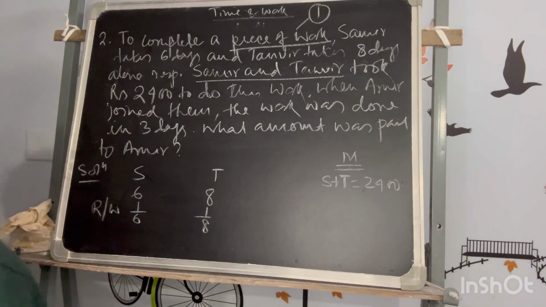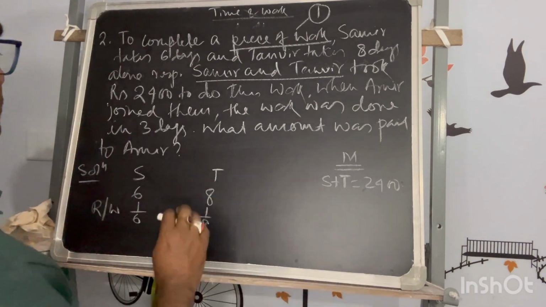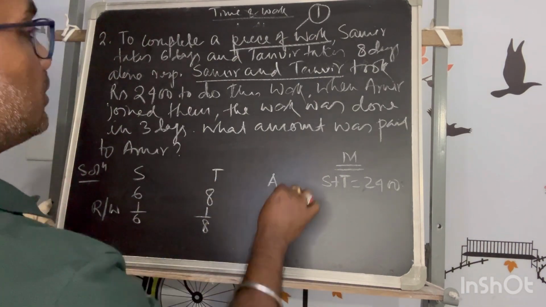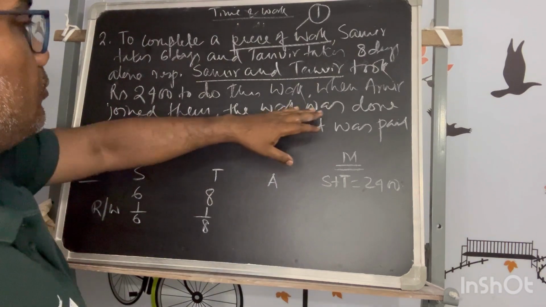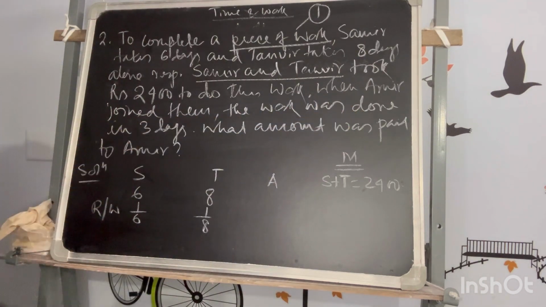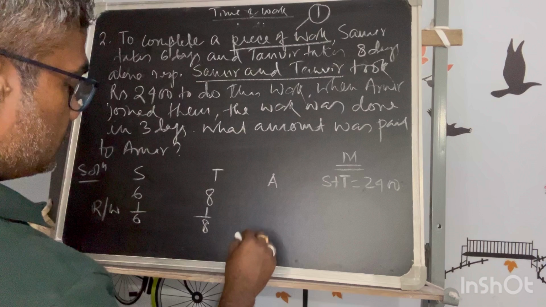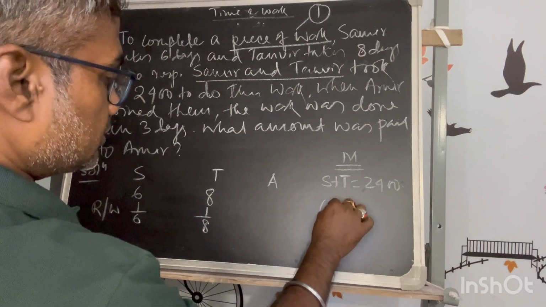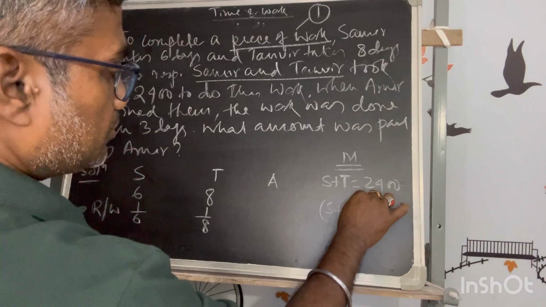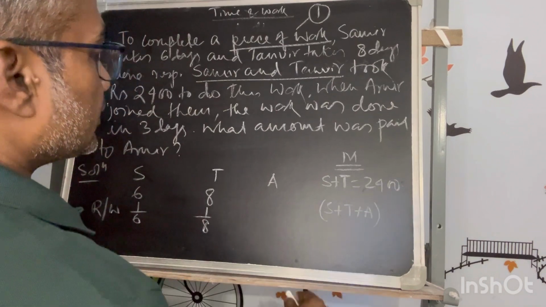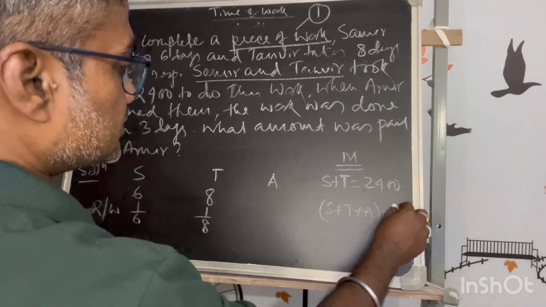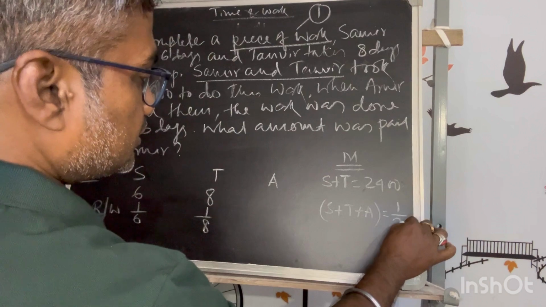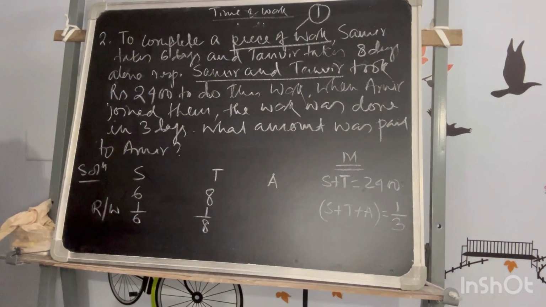Remember that. When Amir joined, as a third character, the work was done in 3 days by all three together, Samir, Tanvir plus Amir. That means their rate of work is 1/3.